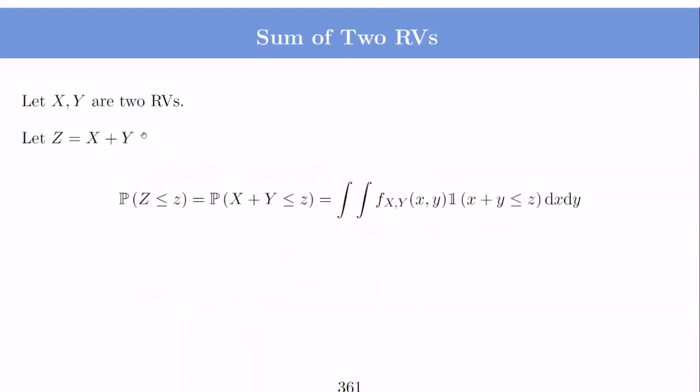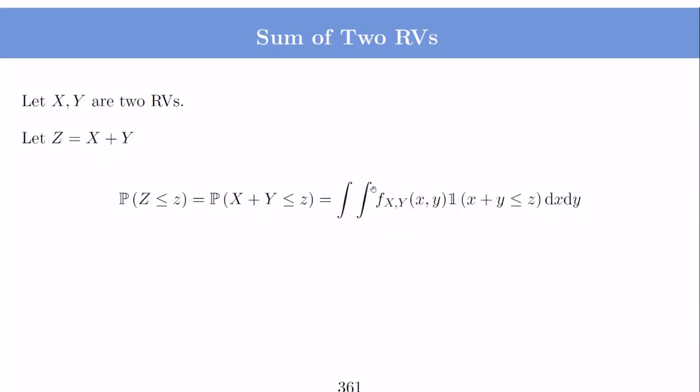If you extend this to compute the summation of any two random variables, the computation will be similar. You just have to integrate the joint PDF over this region, instead of the uniform density. Depending on the region, this can be a little bit complicated or simple. It depends on the PDF.